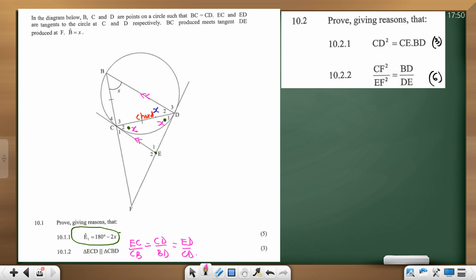Triangles with two parallel lines. I'm trying to think of corresponding. Do we agree? Such that this line over that line, okay, so CF over BC should be equal to what? EF over what? DE. Do we agree? Prop theorem.